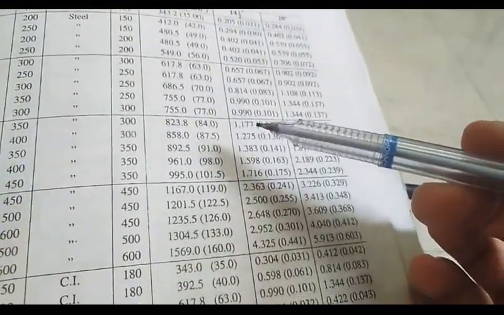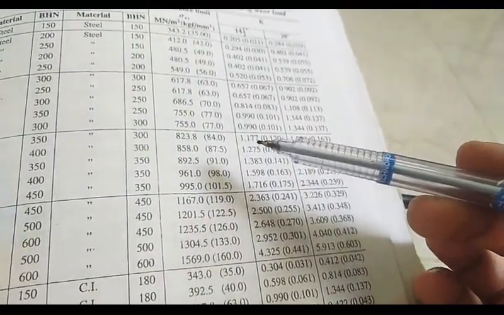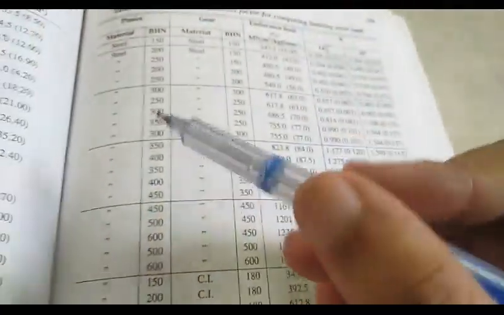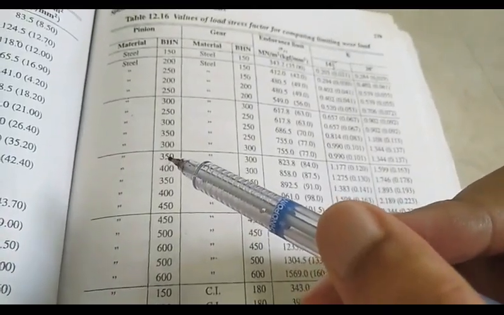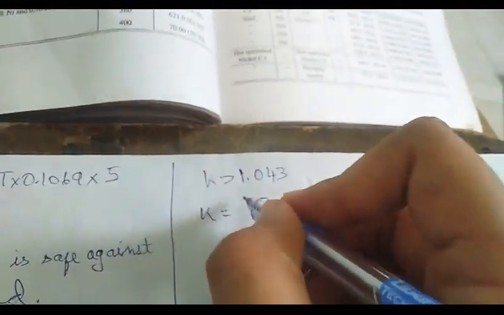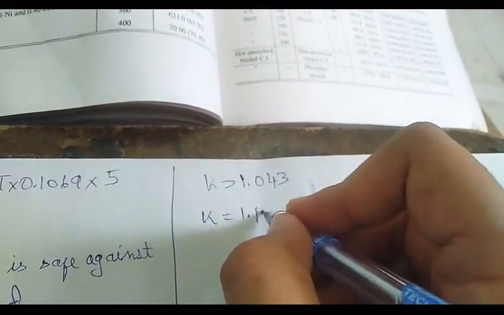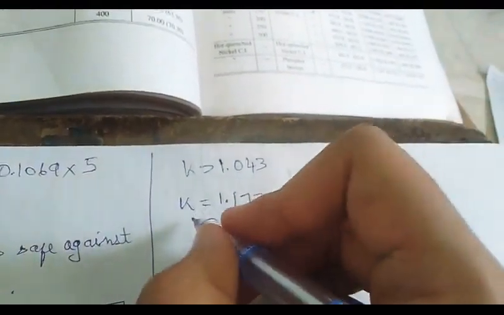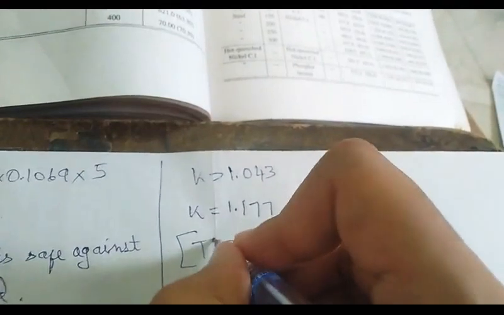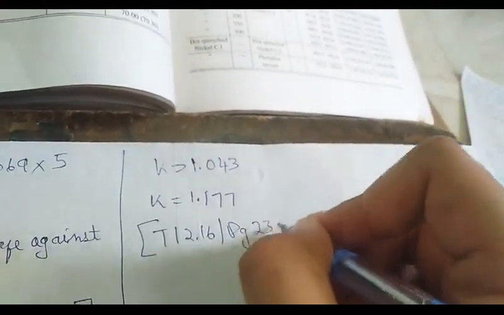You can see that there is 1.17, so we shall take K as 1.17, with the material combination hardness 350 for pinion and 300 for gear, from table 12.16, page number 239.